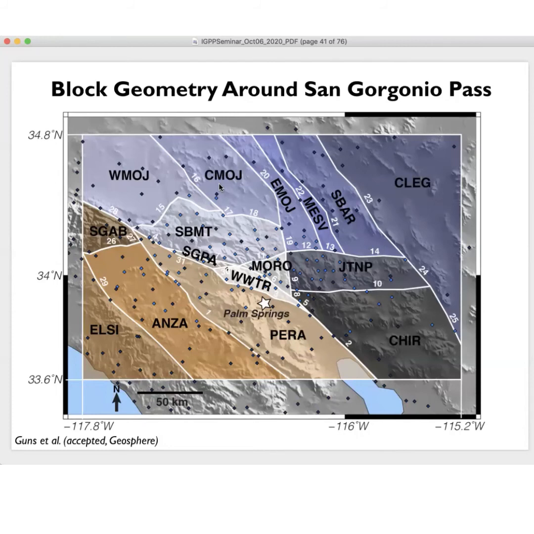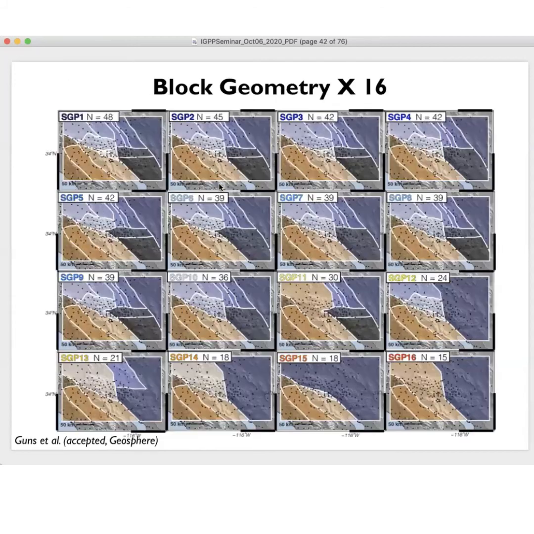So this is our most complicated block geometry, but we actually went bananas and decided to define a whole bunch of different geometries that each capture a question about activity in this area. So each one of these block hypotheses tests the activity level of a particular fault.